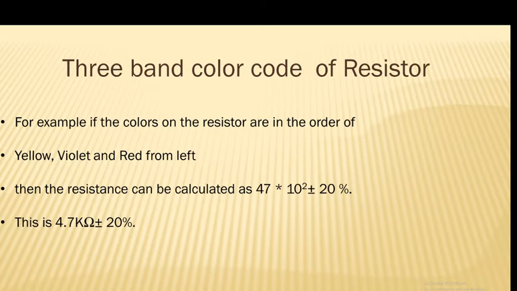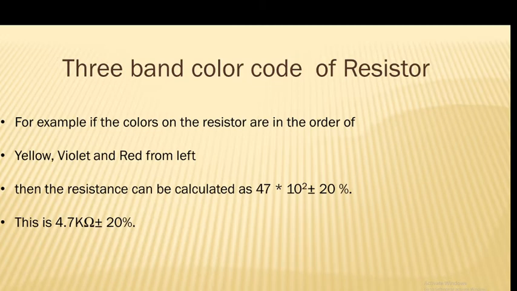The third color indicates the multiplier, and hence the value assigned to this color is always taken as 10 to the power of that number. The number for the red color is 2, and hence I multiply the first and second significant digits by 10 to the power 2. As this resistor has only 3 color bands, its tolerance is always plus minus 20%.